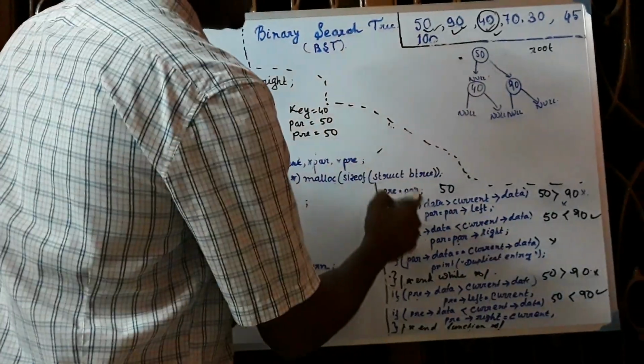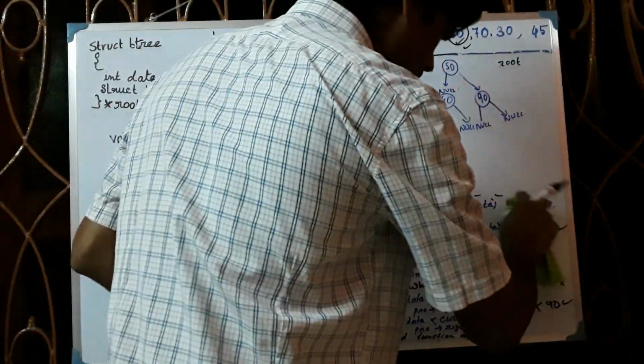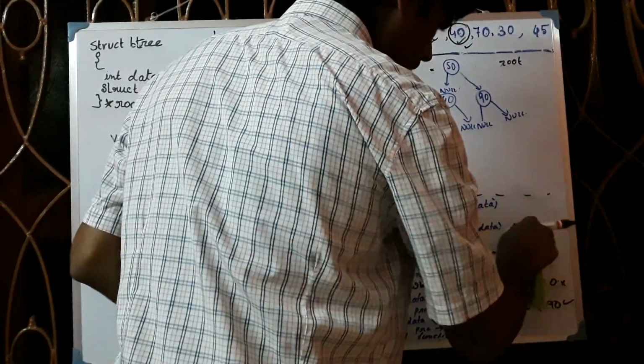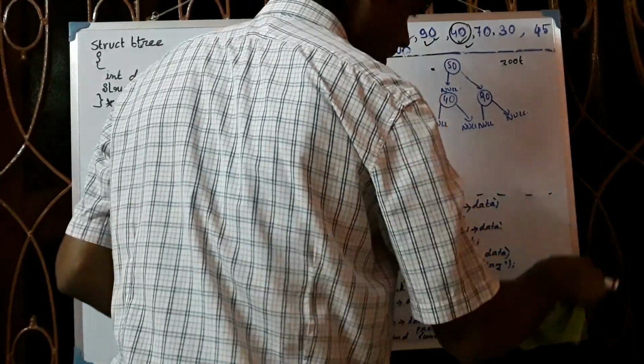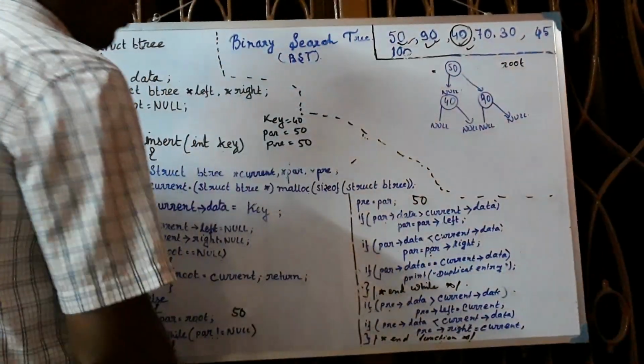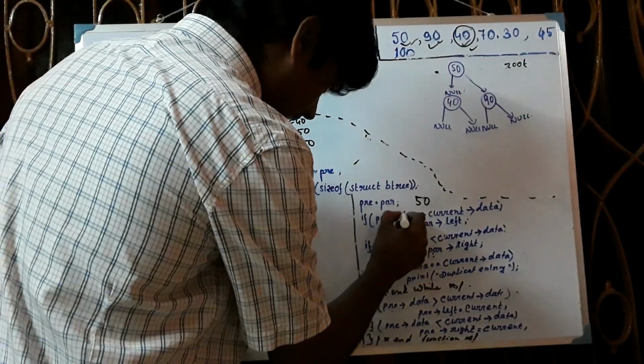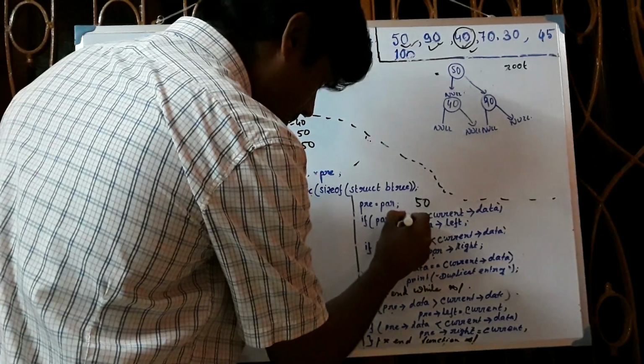Right. Now par arrow data. Just have to omit this part also because new data we have got. So we have to start from the beginning. Now par arrow data. This is par and this is the data. Hope guys you can understand the codes.